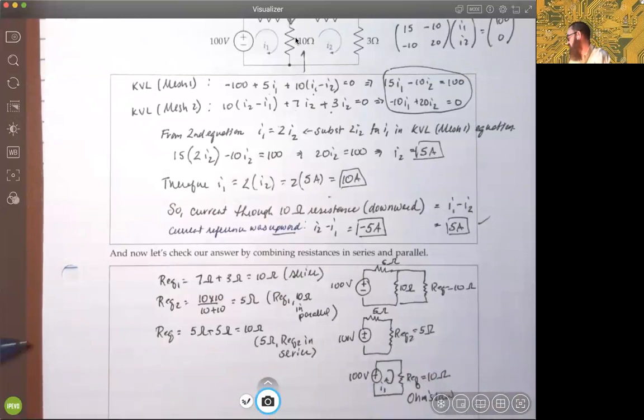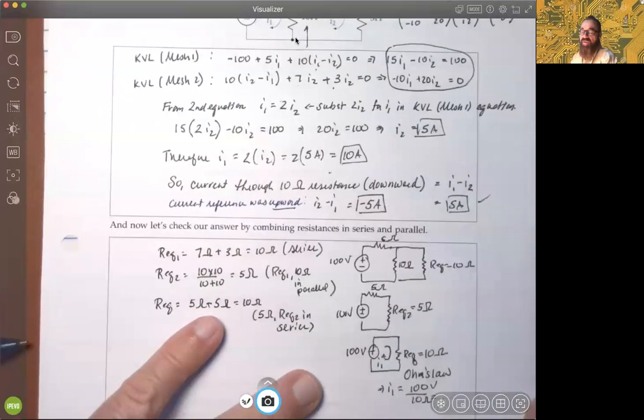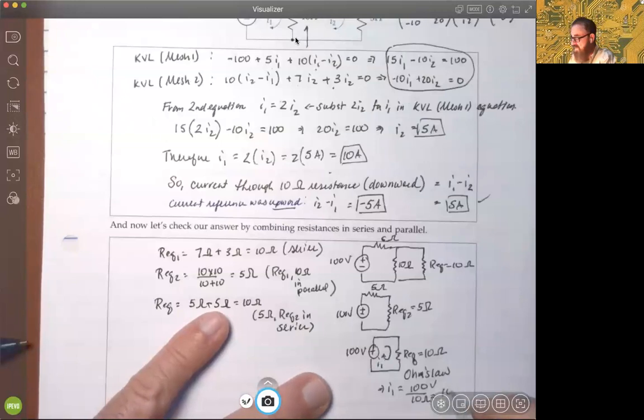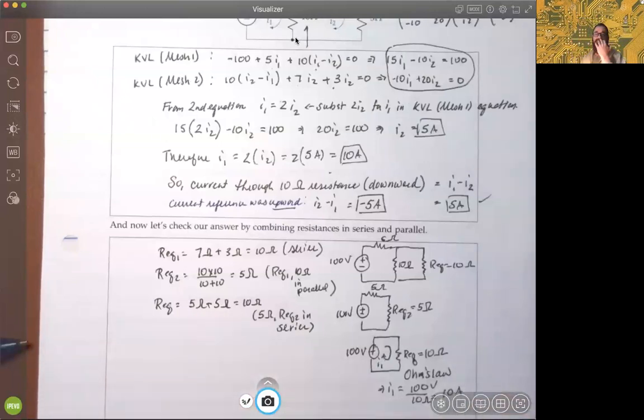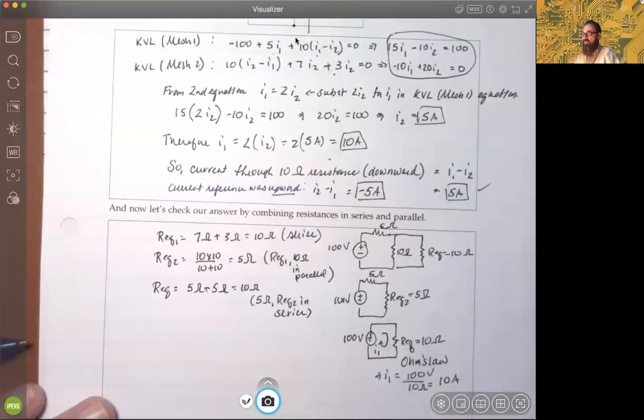So we must have that I1 is 100 volts divided by 10 ohms, which would give you 10 amps, okay? So we have 10 amps for I1, okay?